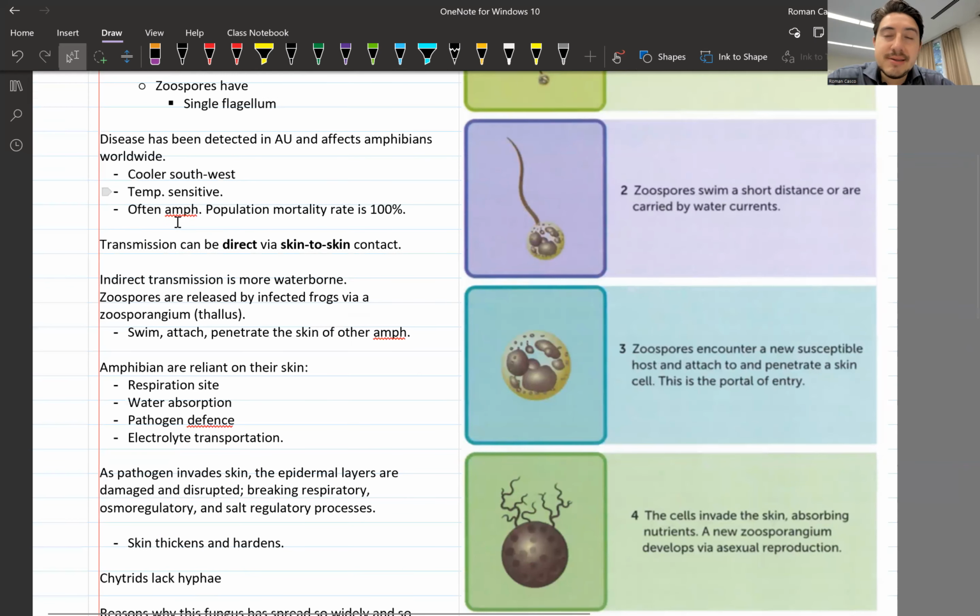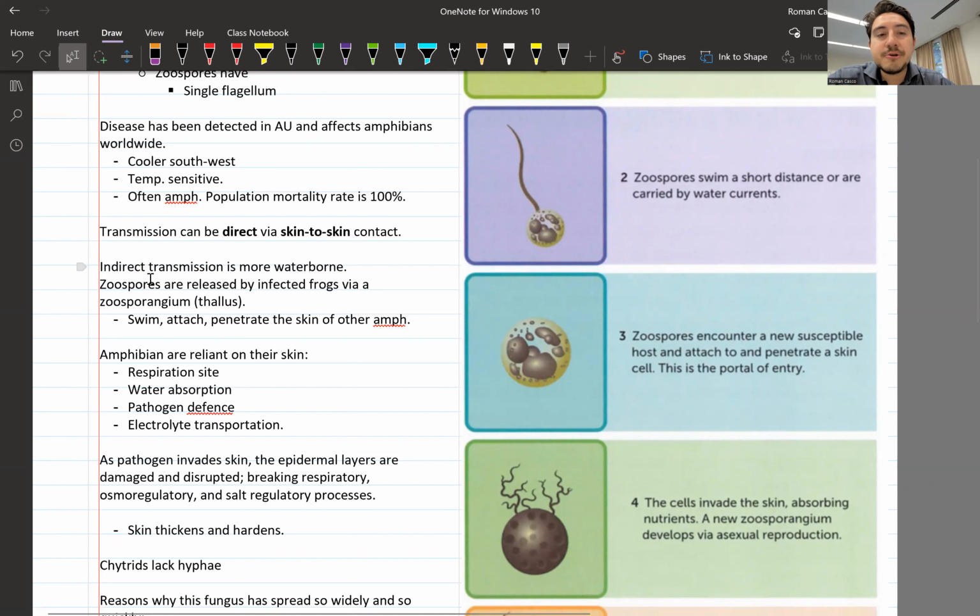The way that it spreads, its mode of transmission, is essentially direct via skin-to-skin contact. Okay, so there is also indirect transmission. In this case, it's more waterborne, right? Of course, you have these zoospores that can propagate themselves. So that's a little bit scary there, right?